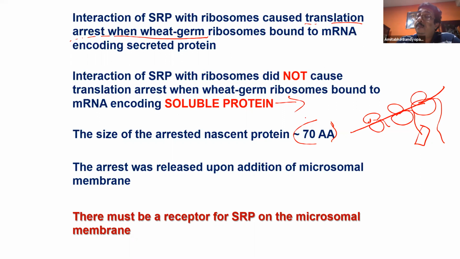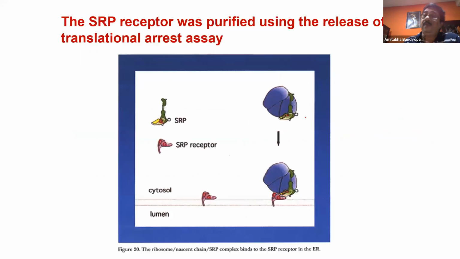Okay, because they love to live in a lipid environment, so they are generally hydrophobic proteins. So technically, an extremely difficult proposition that we are talking about, but they did it. So they solubilized the microsomal membrane, fractionated it, and identified a fraction which, if added, the translation arrest is released. So that's how they identified the SRP receptor.